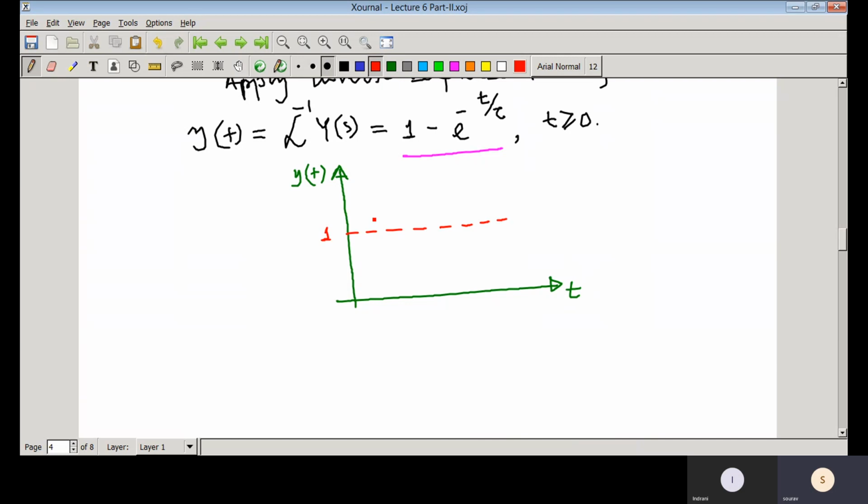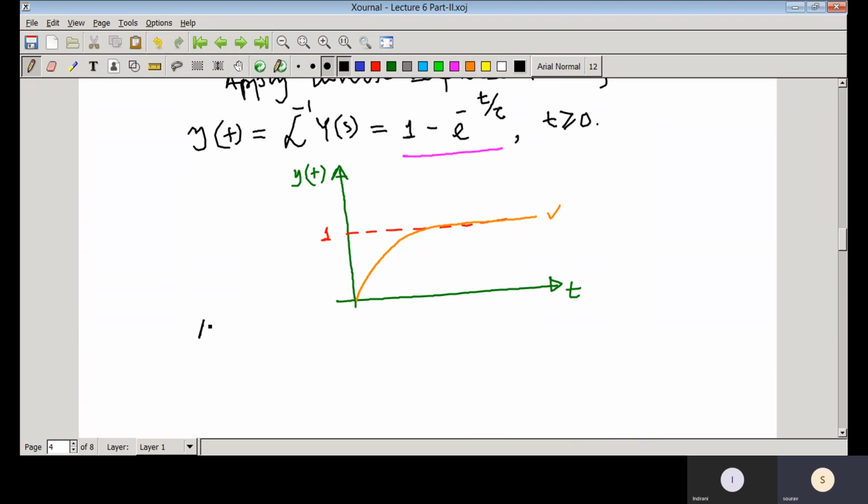So now the response is 1 minus e to the power minus t by tau, so the response should be like this. Whenever t tends to infinity, the second term would be equal to 0, and basically your y(t) would be converging to 1.